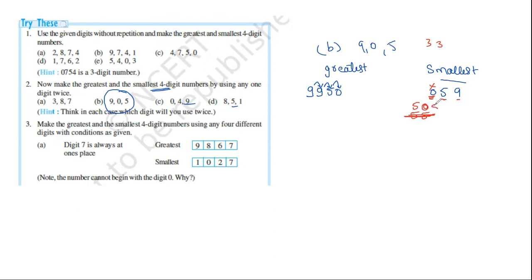Now if I write 5 again here, or I can write 0 over here, which one is the smallest? This one is smallest. That's why again I'll not repeat 5, I'll repeat 0, right? Now they have asked us to write the 4-digit number, right? So we'll take 9, because 9 will have to be taken, as they have given permission to repeat only one number twice, the rest of the numbers will have to be used once. So this is our smallest.